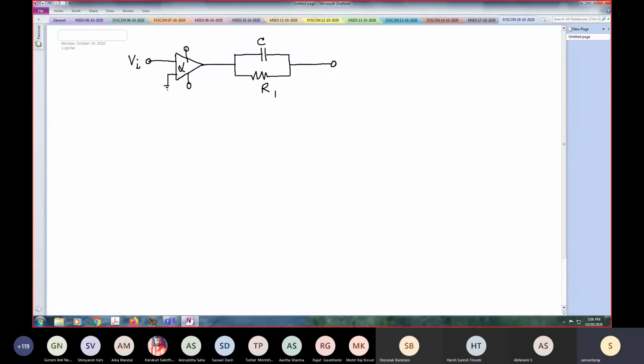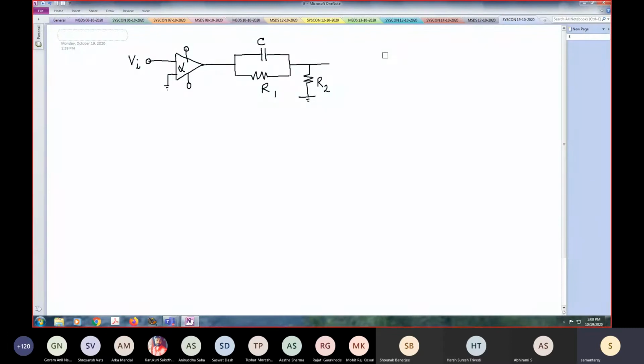Here we have output voltage, VO. We have another resistance, grounded, R2. I will modify that VO and I will isolate this system from the rest. So I will not take VO here.